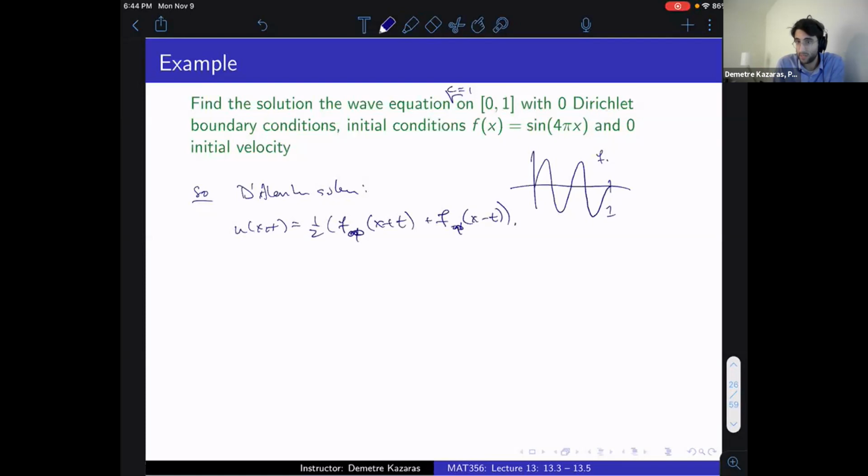Okay, notice, what's the odd extension of sine?